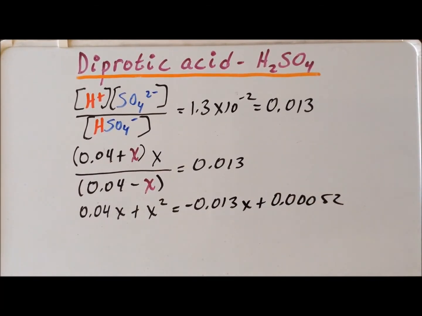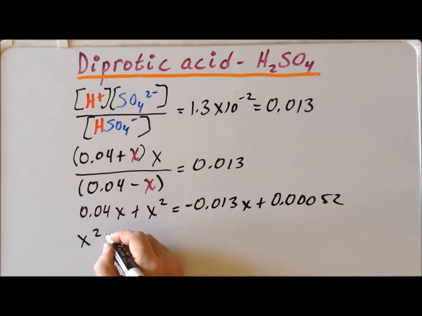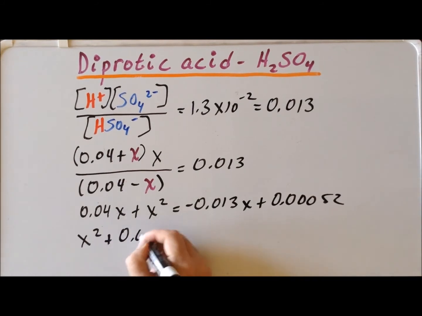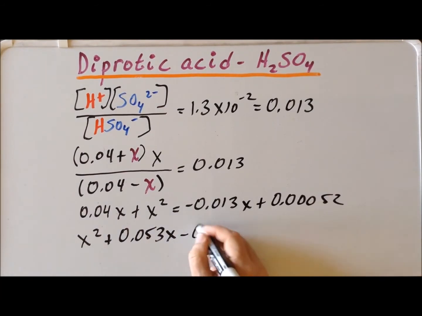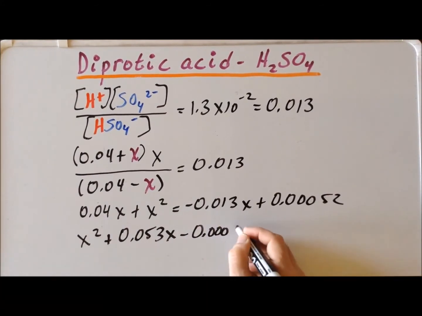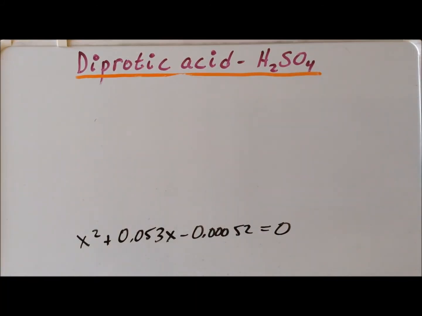And then we can rearrange this as a quadratic equation with all the terms on the left-hand side: x squared plus 0.053x minus 0.00052 is equal to 0.